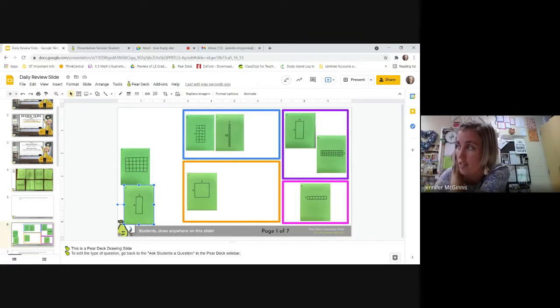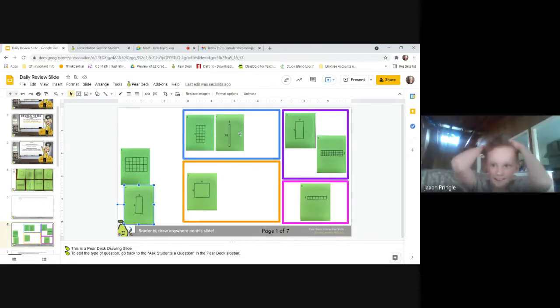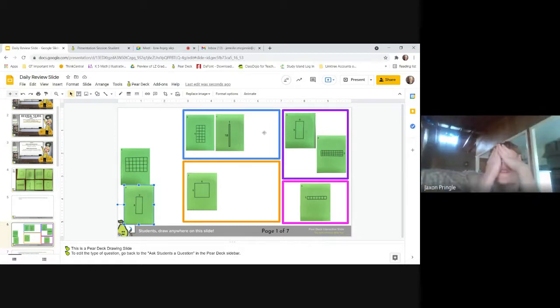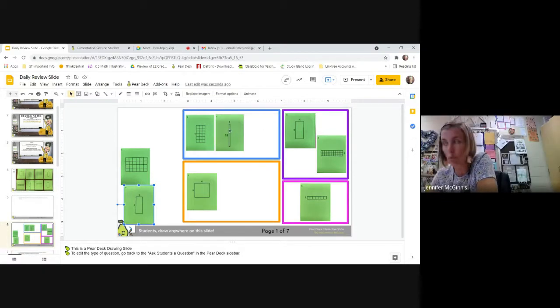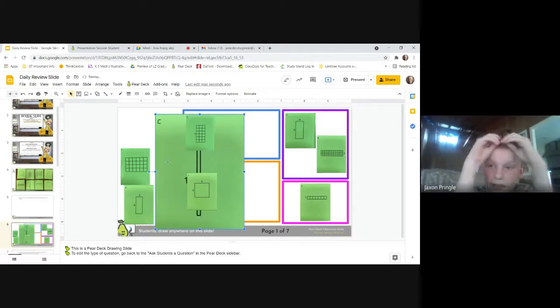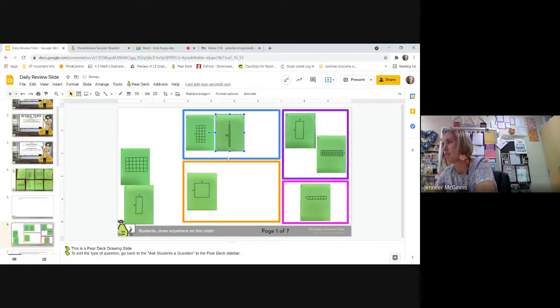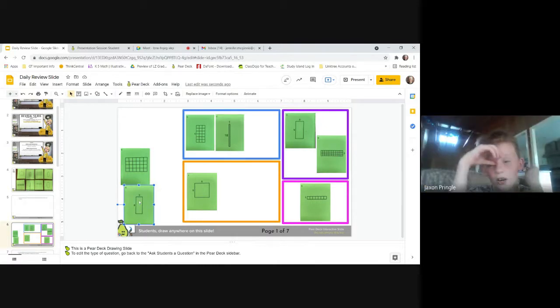What's the area of these here? So it's not gonna be in blue. Why is it not going to be in blue? What's the area of the blue rectangles? 18. Yes. So is your 24 going to go in the blue? No.